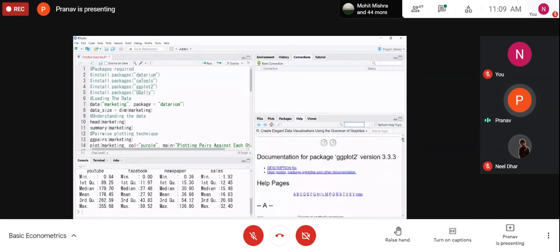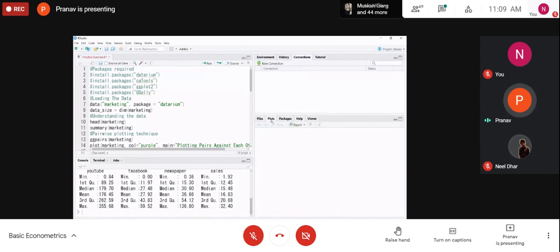So basically this package is for plotting graphs on R. That is visualization के लिए हम ggplot2 पैकेज को यूज करते हैं. So we'll call this package ggplot2 by library function. So please do that.